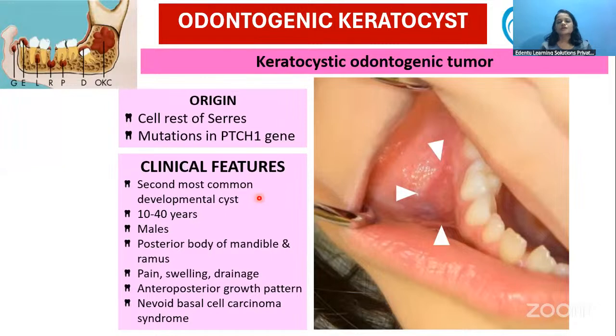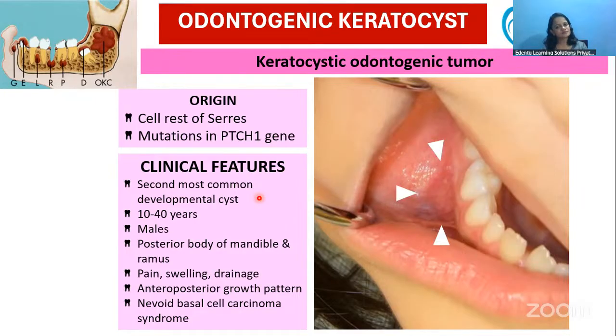Coming to the OKC, the next cyst is the OKC, or the odontogenic keratocyst. It is one of the most controversial odontogenic cysts. Earlier, in the WHO classification itself, they had included this odontogenic keratocyst under the tumor category.